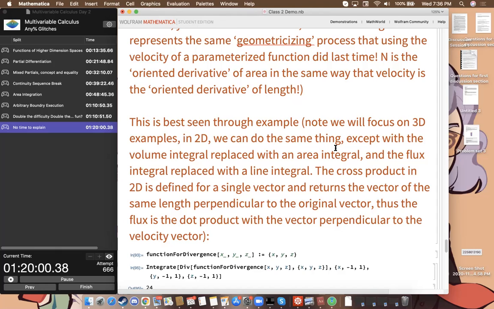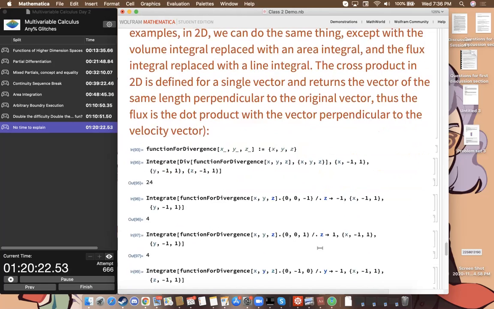In 2 dimensions, there's a perpendicular vector to any vector, right? You have the vector 90 degrees from a vector. So you can take a cross product of a single vector. Instead of needing 2 vectors to define a unique perpendicular, you can do 1, and that's just the normal vector pointing perpendicular to your velocity vector of a curve.